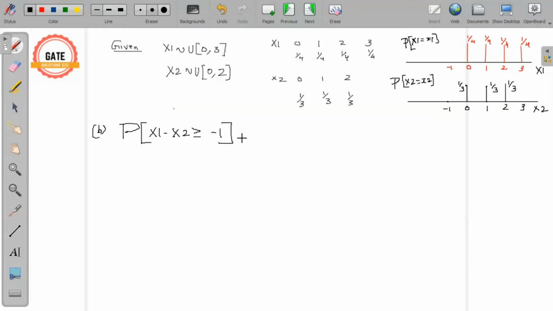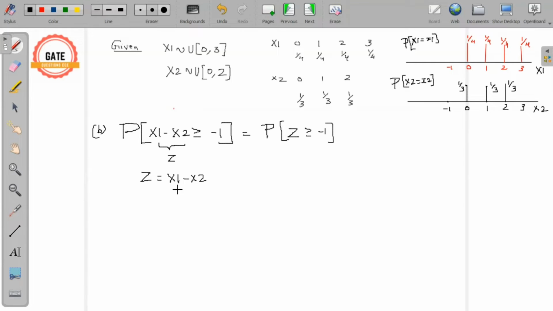So similar to part A, we can find it by assuming this x1 minus x2, the difference between x1 and x2, as another random variable z. So this probability will become probability that z is greater than or equal to minus 1. So we can write z will be equal to x1 minus x2.